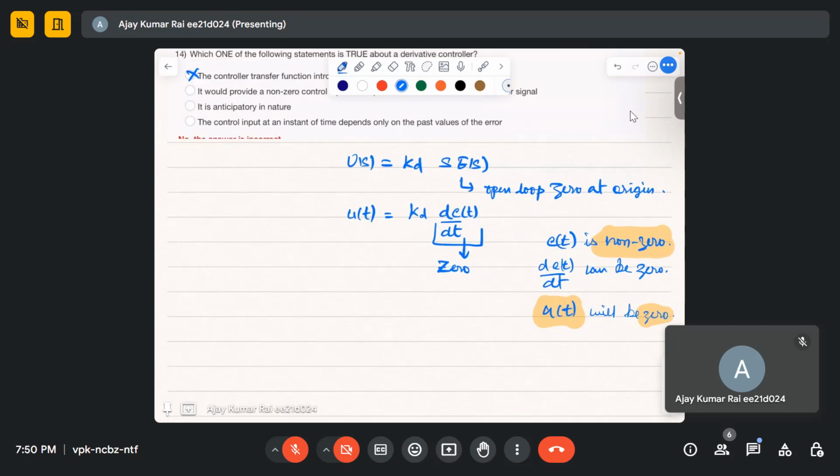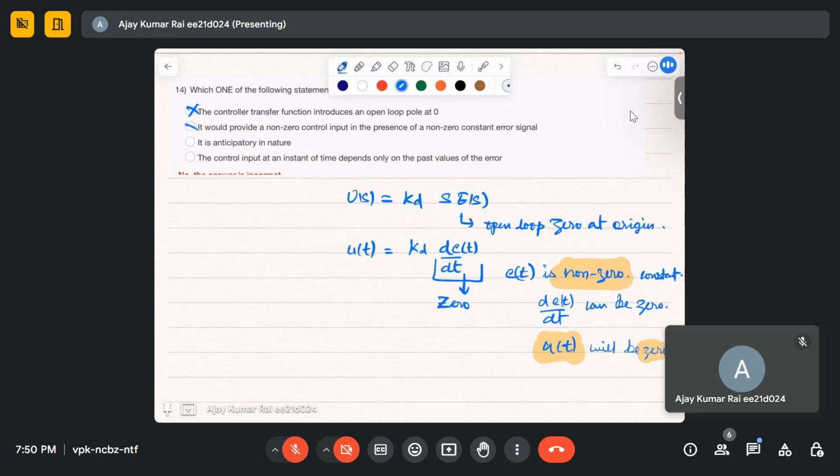Constant means the error is constant, that's why it's non-zero. So e of t is a non-zero constant value. The derivative of that will be equal to 0, so u of t will be equal to 0. So this statement is also false. You can get zero control input.